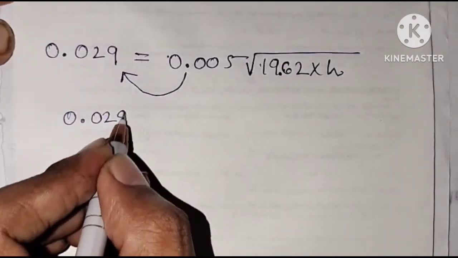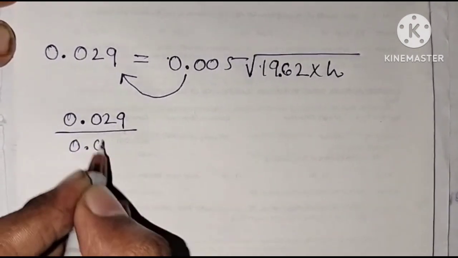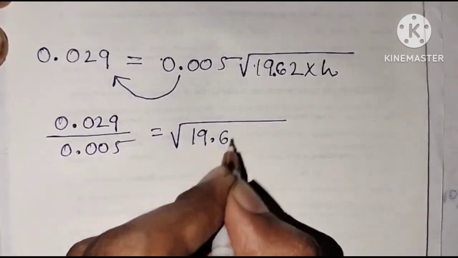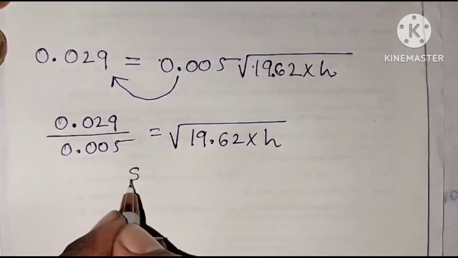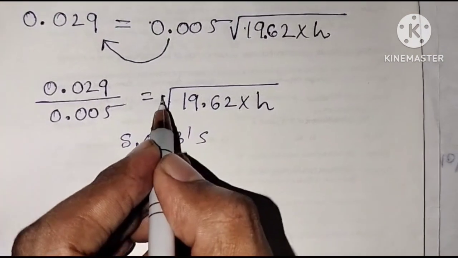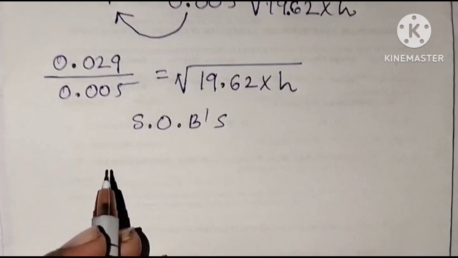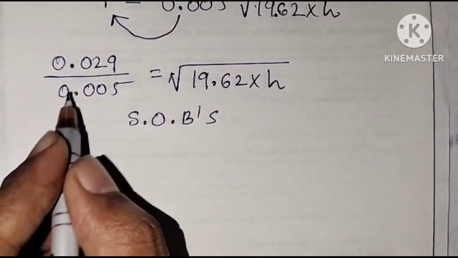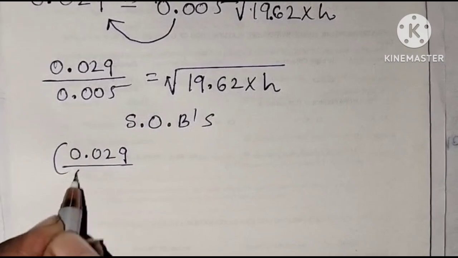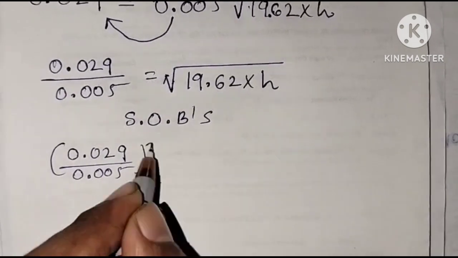Okay, now transfer 0.005. Multiplication becomes division by 0.005. Now we need the H value. To eliminate the square root, we should apply squaring on both sides. So it becomes 0.029 by 0.005 whole square.